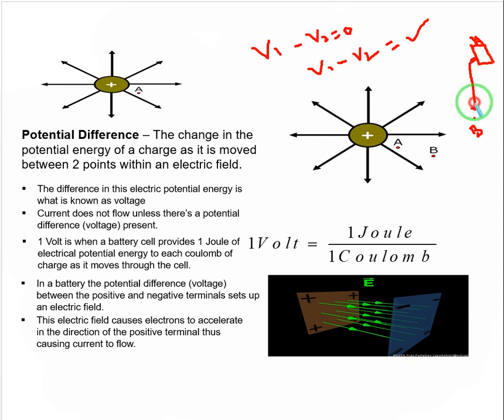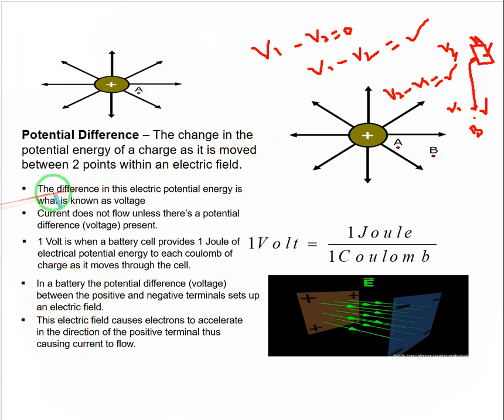So we can say that this is the high voltage and this is the low voltage. The difference between the high voltage and low voltage is called potential difference. This is called V2, this is called V1. So V2 minus V1 is called potential difference. This is the simplest definition.